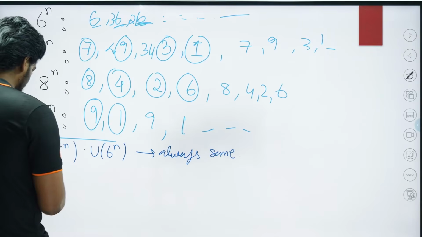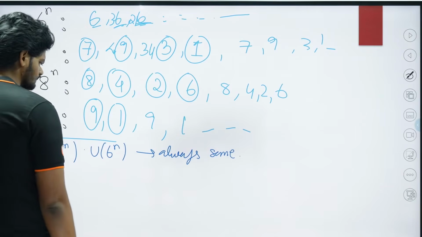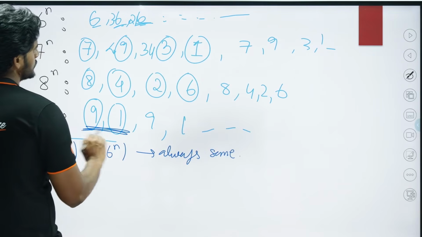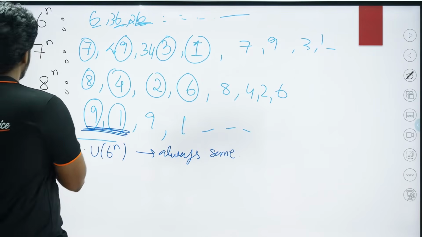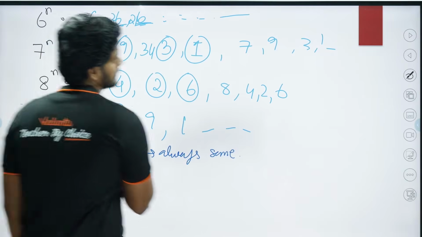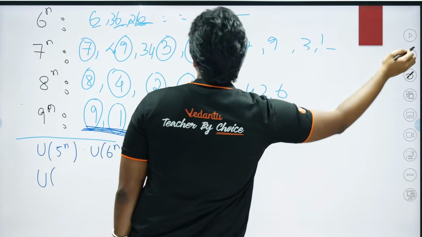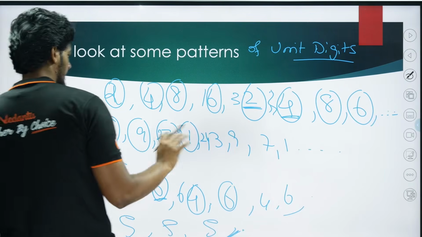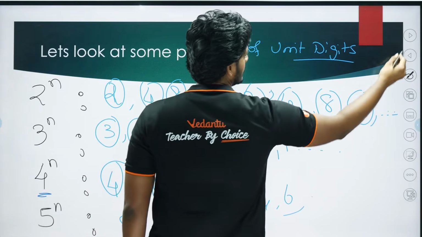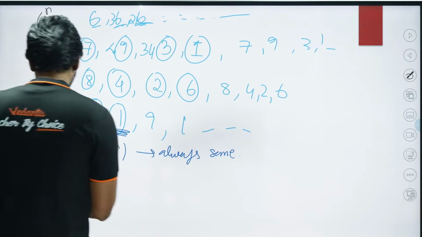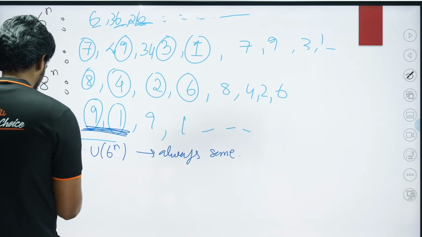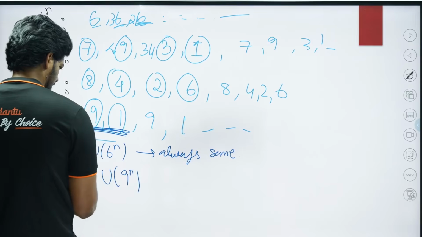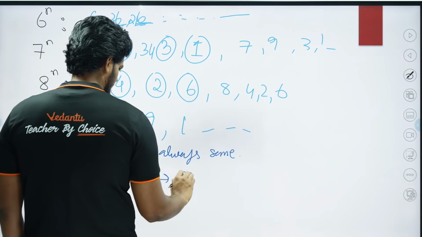But for which is it repeating in a set of 2? It could be 9, or it could be 4. 9 and 4 are repeating in a set of 2, right? Unit digit of 4, unit digit of 9 repeats in 2.